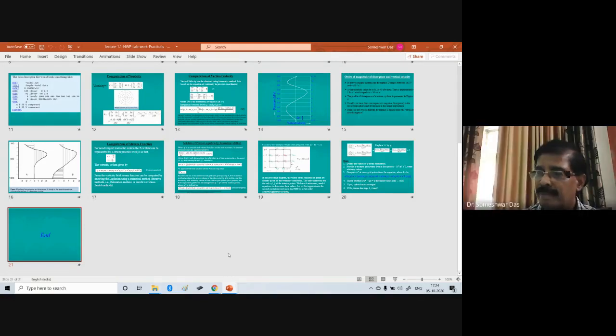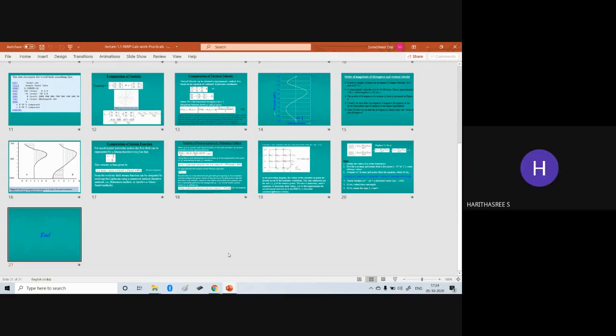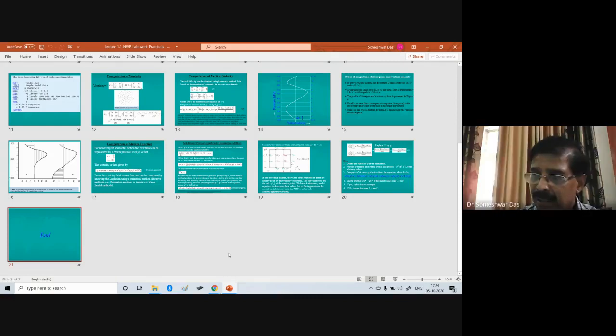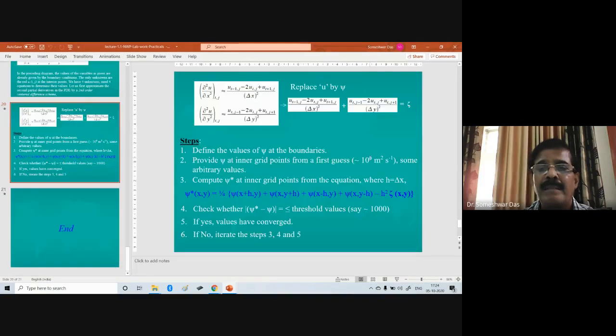So based upon the zeta value, you are now correcting the first guess psi, and the new value of psi is denoted by psi star. Psi star is calculated based upon the value of psi at all the 4 grid points surrounding the point of your interest.